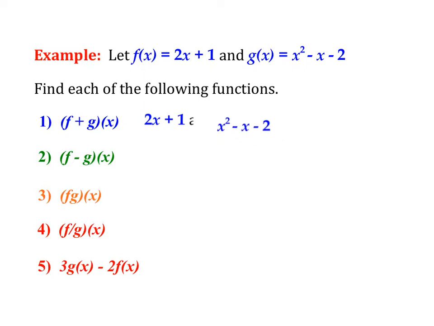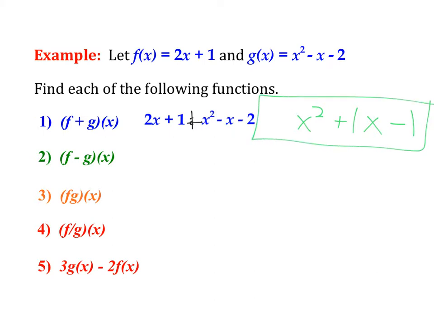And when I add them, I'm just really combining like terms, so nothing too fancy. So if I combine like terms here, I'll have x squared plus 1x, you don't need to write the 1 if you don't want to, minus 1. Yay, done.